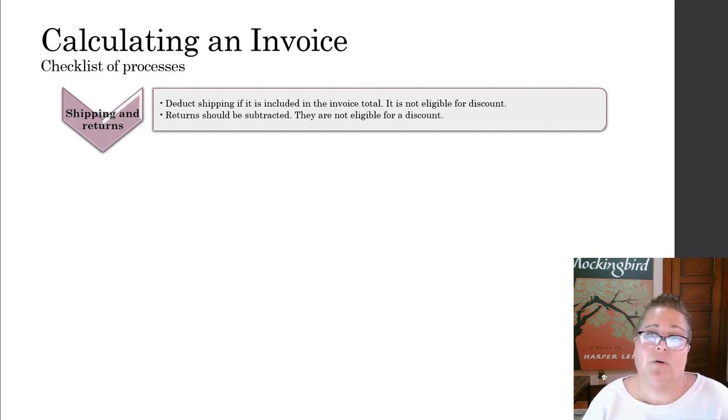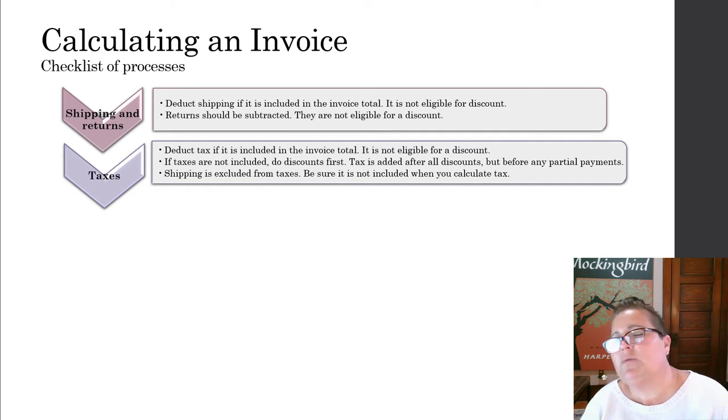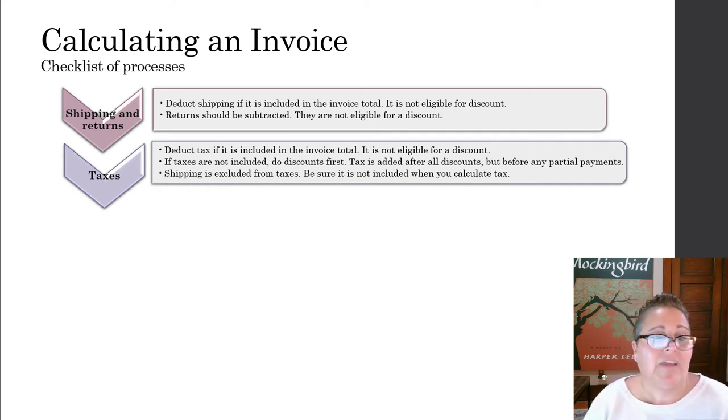Some of these problems that we're going to be going through will have taxes mentioned. Taxes are specific. If, again, they are already included in your invoice total, you need to deduct them, as you do not get a discount on the amount of taxes that you have to pay. If taxes are not included, we will do all of our discounts first.